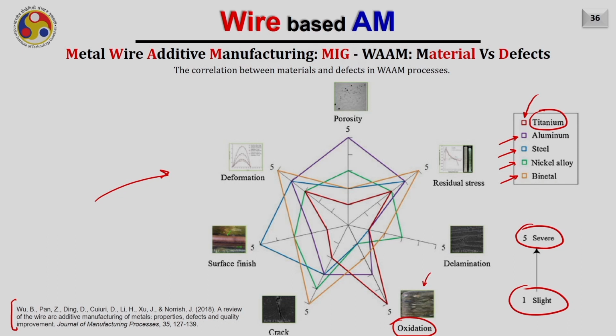Other than that, the issues such as delamination, the residual stresses, the deformation, the porosities, the surface finish and the crack are not as severe as in the case of oxidation in titanium. However, different materials show different severity corresponding to different defects, and those can be further studied when you are going to deposit a new material.